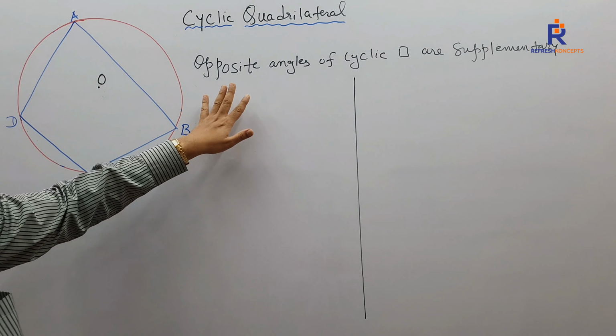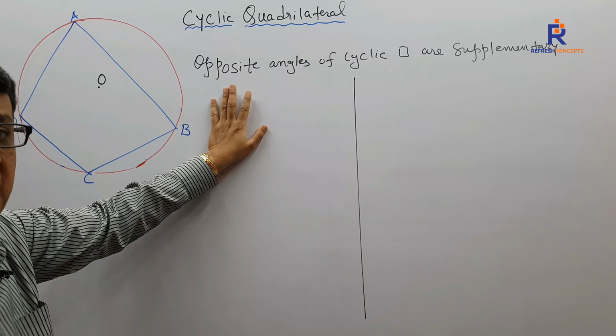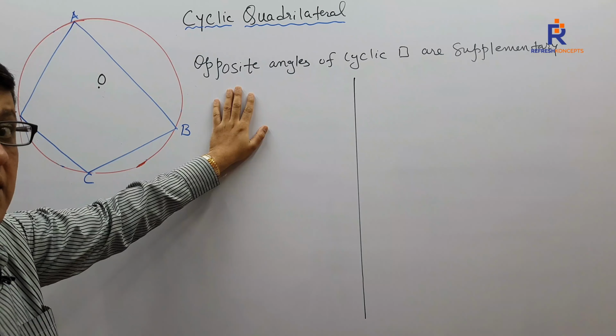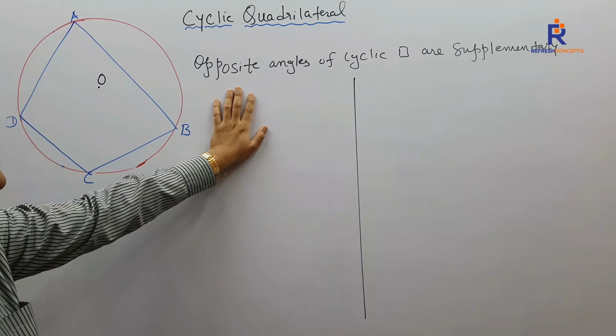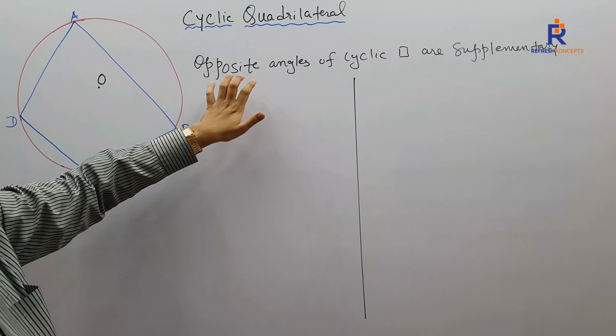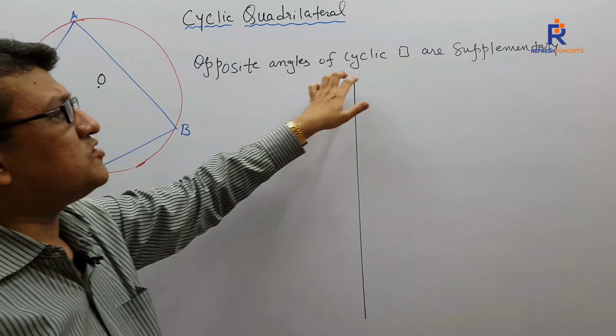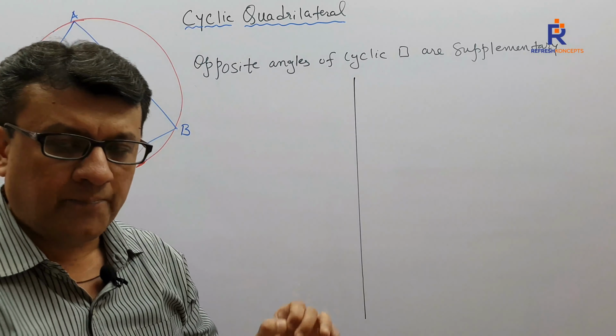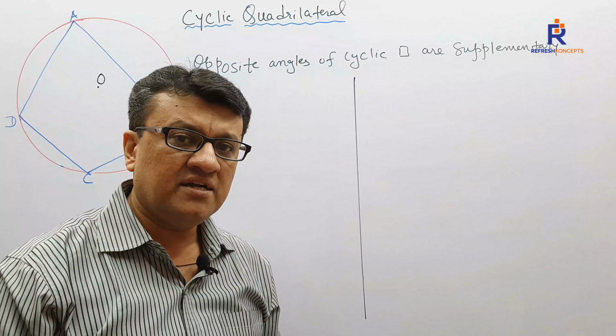What is the very first and the utmost important property of a cyclic quadrilateral? Having understood what a cyclic quadrilateral is, the first property: opposite angles of a cyclic quadrilateral are supplementary.